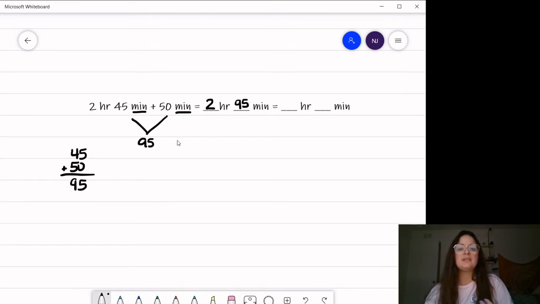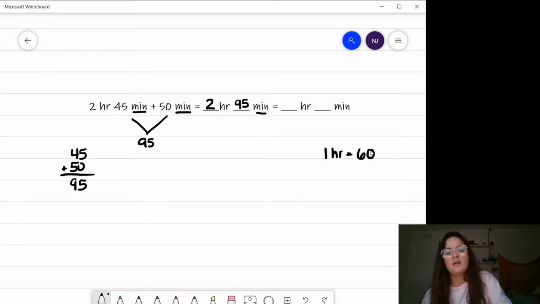But now I'm going to ask myself, can I rename those smaller units, which is minutes, into a larger unit? The next highest unit after minutes is going to be hours, and I know that the relationship between hours and minutes is that in 1 hour, there are 60 minutes. I definitely have enough. I have 95 minutes. I can make an hour out of that.